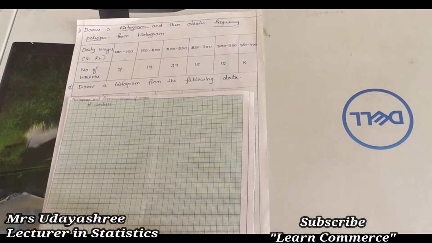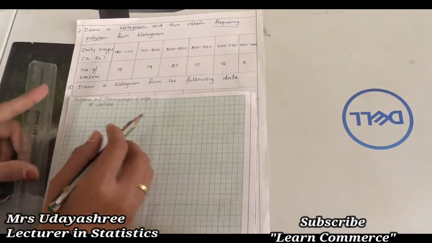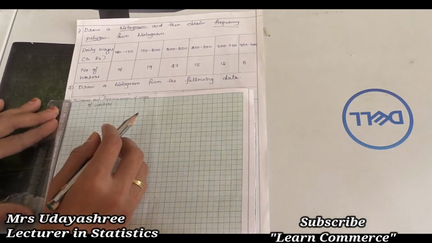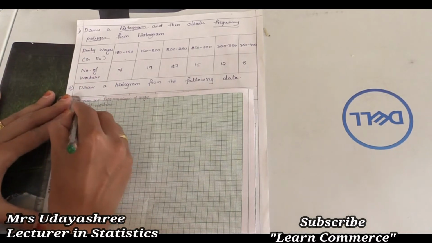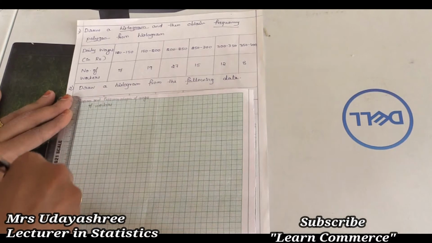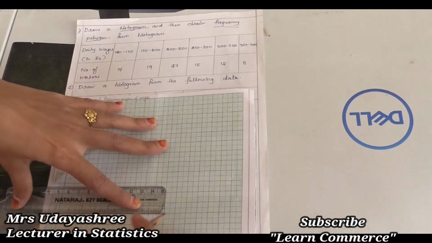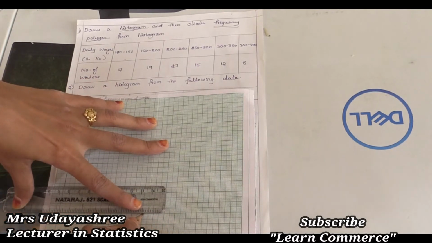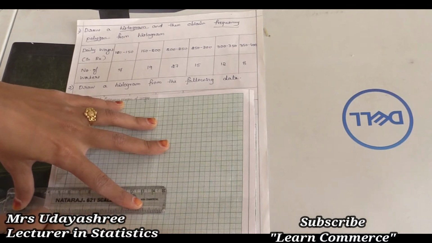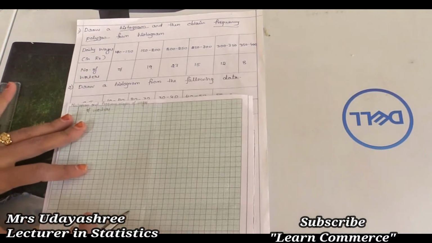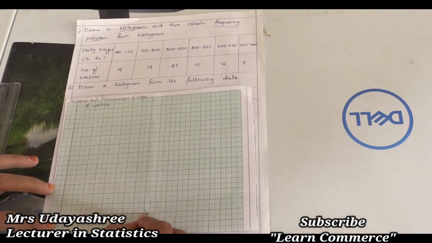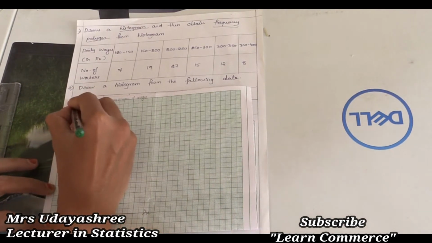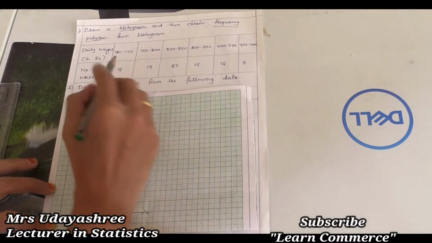Next, first we need to take the x-axis and y-axis. See here, this is the x-axis and this is the y-axis.